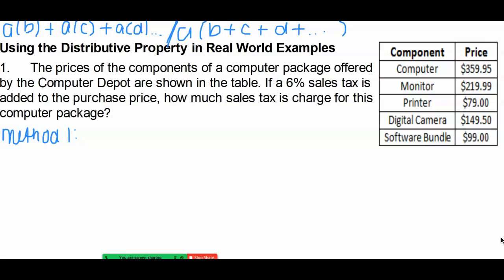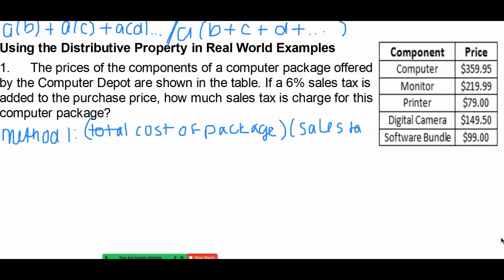So in method 1, we could get the total cost of the package and then multiply that by the sales tax.